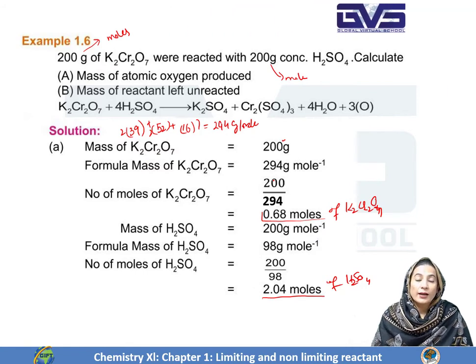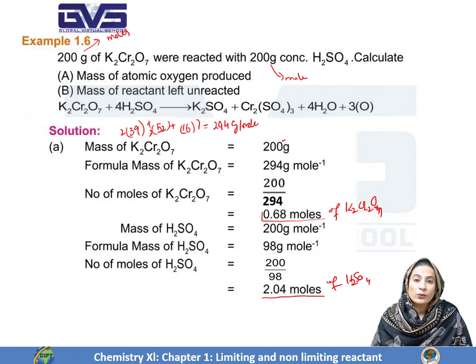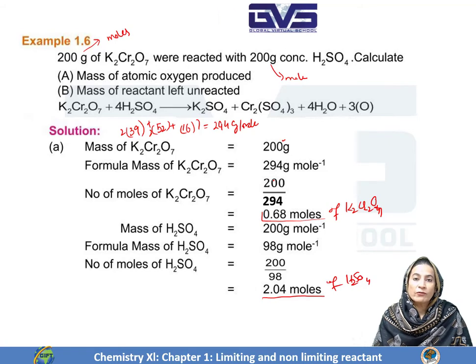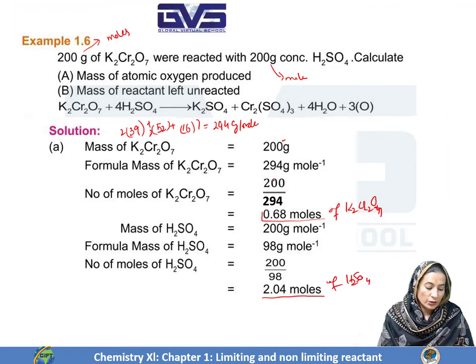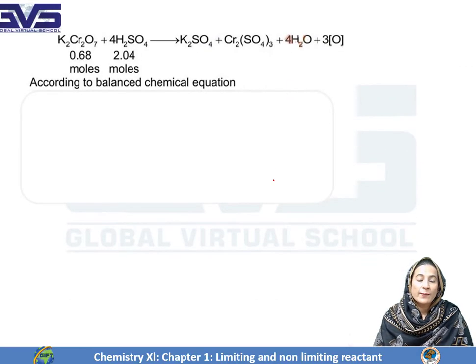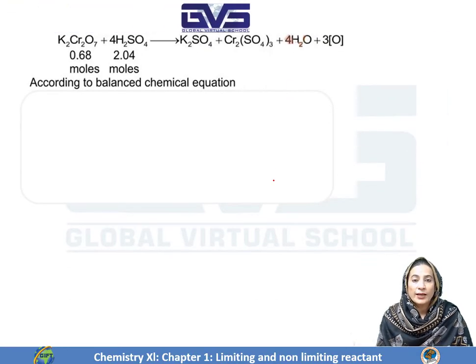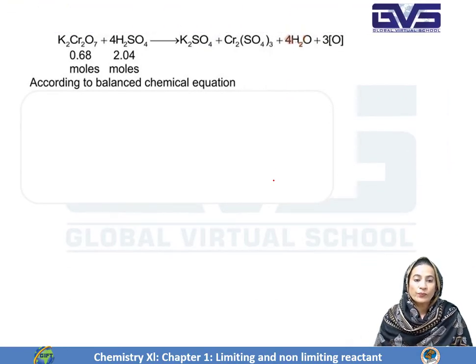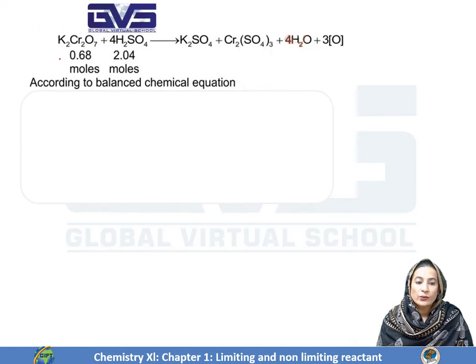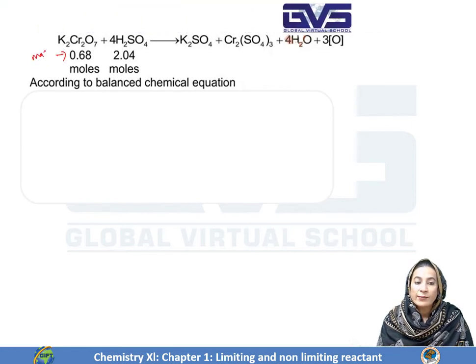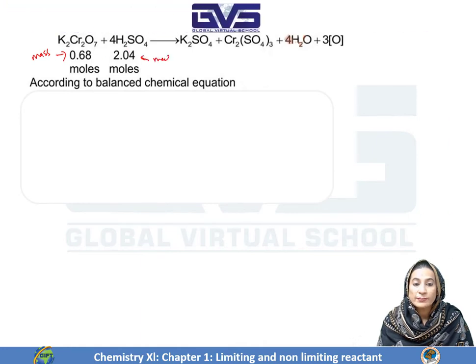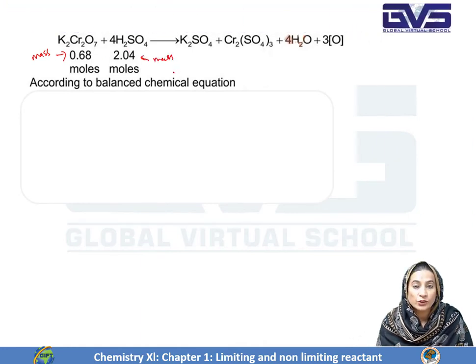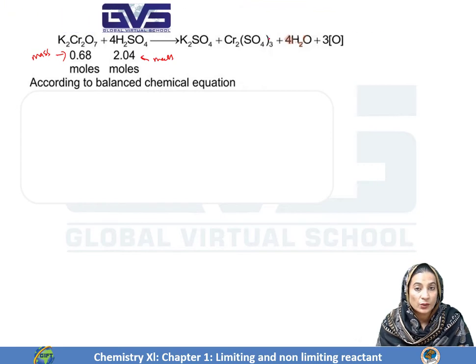Now calculate the moles of product with the help of moles of reactants one by one. So here we are applying the reactant-product ratio. Again, this is calculated from its mass, that is given 200 gram, and this is also calculated from its mass that was given, 200 gram of H2SO4, and this is the balanced chemical equation.